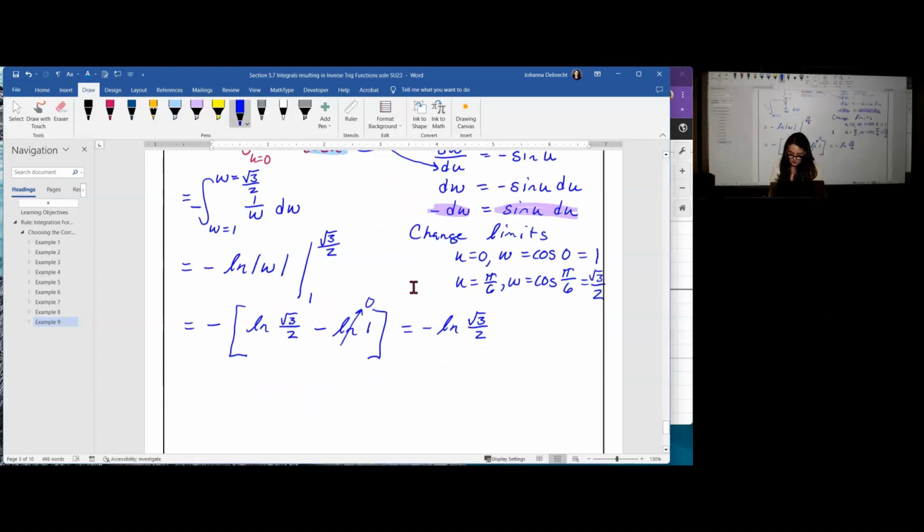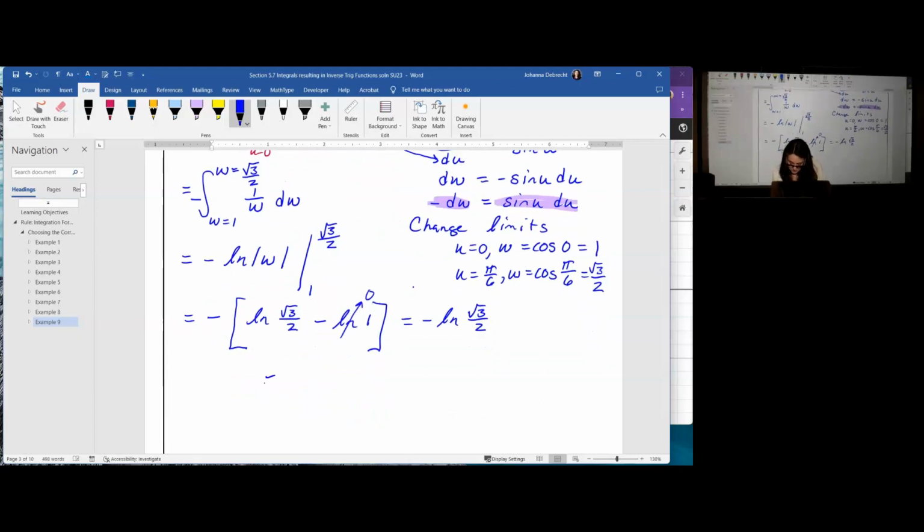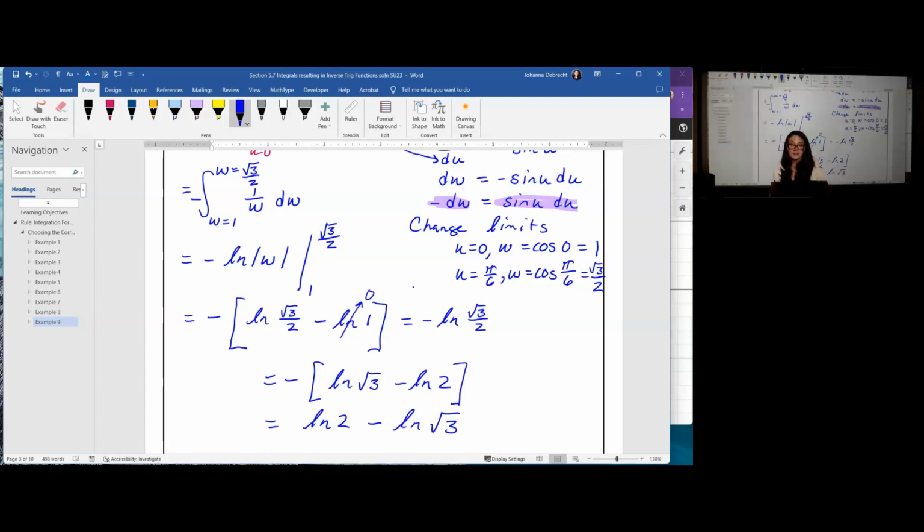Let me go ahead and write that down. Negative times the natural log of the square root of 3 minus the natural log of 2. Now, if you want, you can reverse the order by distributing the negative to get the natural log of 2 minus the natural log of the square root of 3.